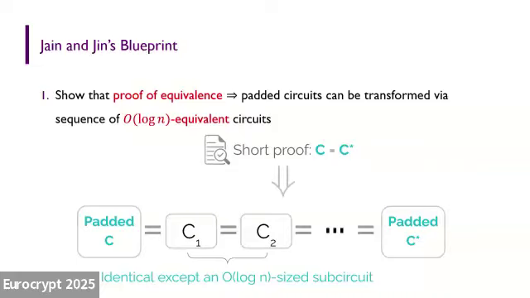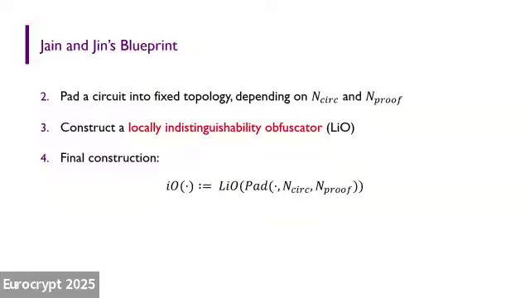For example, here the circuits C and C star share a short proof, then they can be padded and transformed via the sequence C1, C2, and so on, where each adjacent circuit pair is identical except for an O-log sized subcircuit. Second, they propose an algorithm to pad a circuit into a fixed topology, depending only on n circuit and n proof.